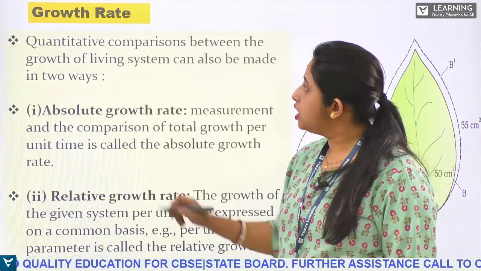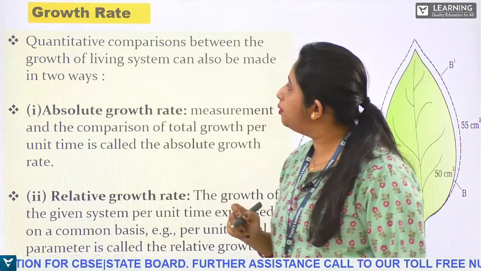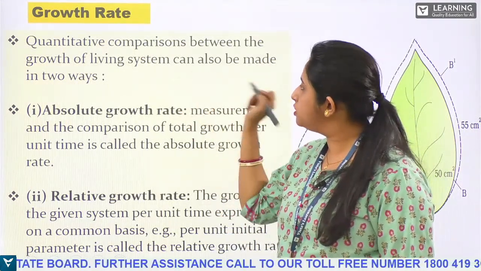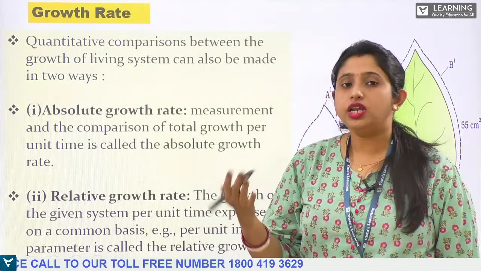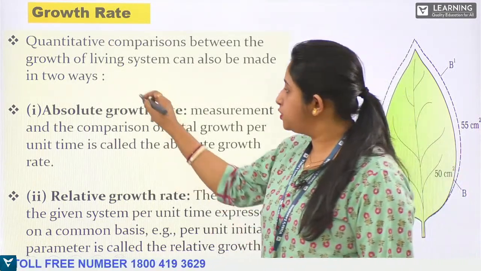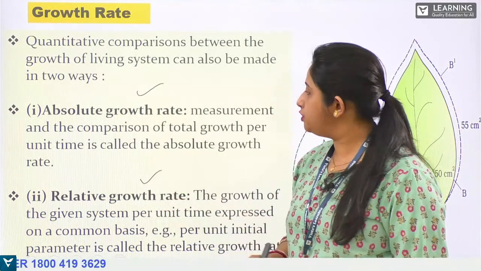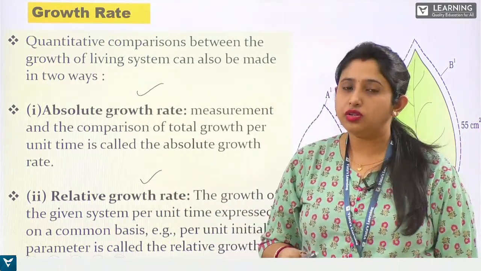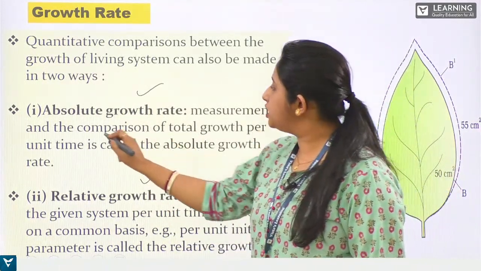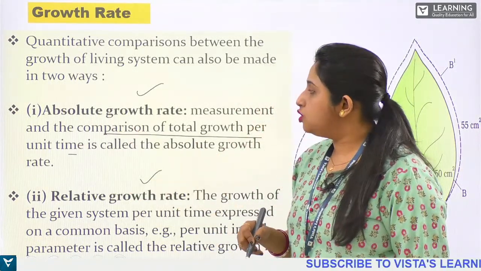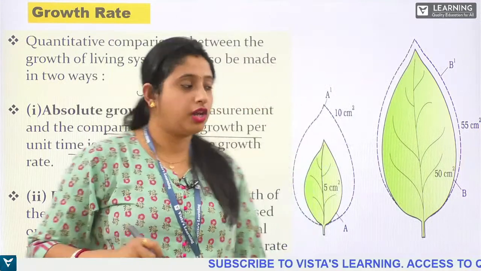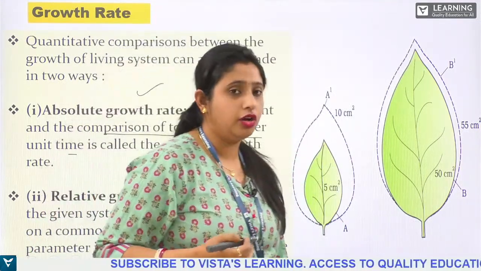So next, the quantitative comparison between the growth of living systems can also be made in two ways, okay. We can compare the growth by the absolute growth rate and the relative growth rate. So what is this absolute growth rate? It is the measurement and the comparison of the total growth per unit time, okay. So the total growth per unit time is called the absolute growth rate.